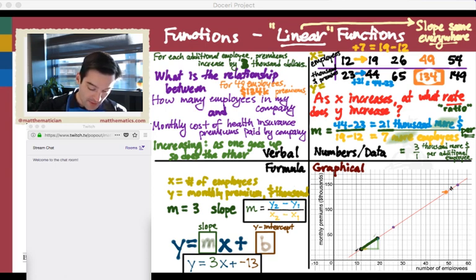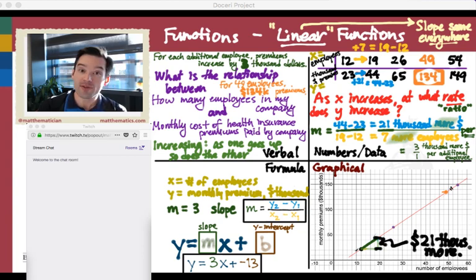So just as a reminder, what the slope was telling me was it was letting me observe that, for example, between these two data points, there was $21,000 more in insurance premiums. That's the difference between the y-coordinates of these 2 points and the difference between the x-coordinates of these 2 points. They were separated by 7, and that was the 7 more employees that we were talking about.